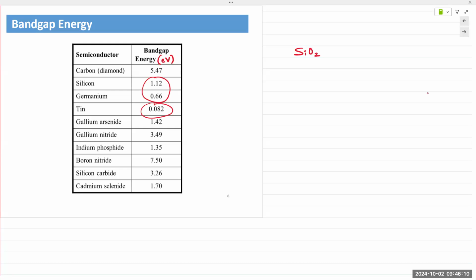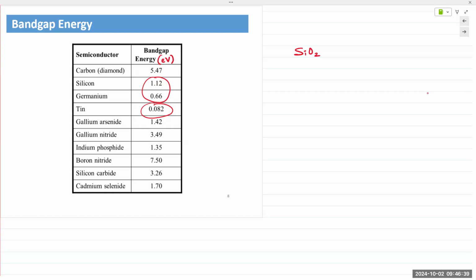Copper by far has the smallest gap, so it's an excellent conductor of electricity. Gold again has a very small gap. Gold is by far the best conductor of electricity, does not degrade, and does not create any oxide or rust. So there are applications where we do use gold as an electrical conductor.